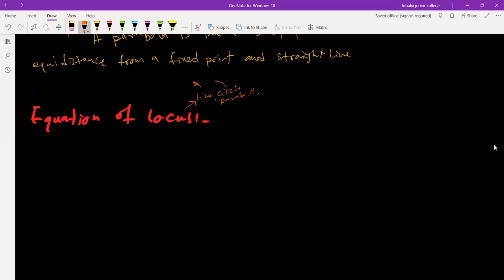We are going to derive the equation of locus, meaning we will find the equation of a line, circle, parabola, and other figures. Have you understood what the equation of locus means?